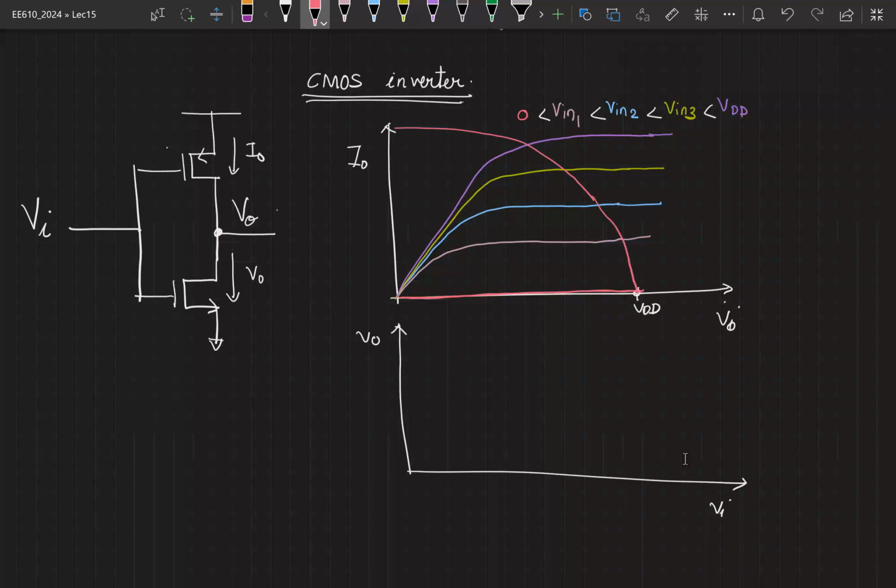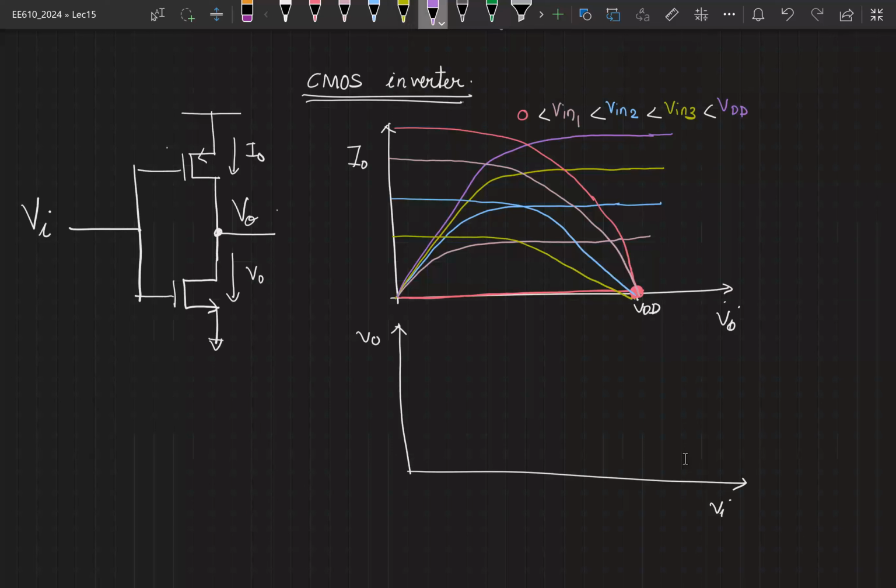Right, and where is the intersection? It is here, right? You have to look at where the NMOS and PMOS curves are intersecting for the same value of V0. Okay. Now for the next value, this is slightly lower. For the third one, we'll have somewhere here. Vin3 is somewhere here.